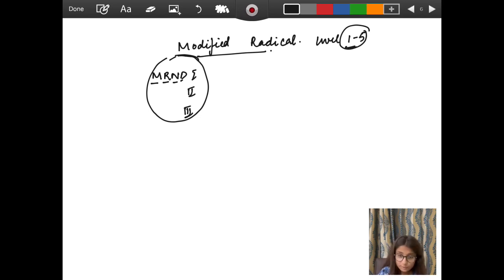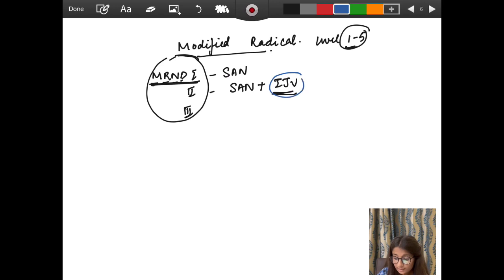In MRND 1 we preserve the spinal accessory nerve. In the second subtype we preserve the spinal accessory nerve along with the internal jugular vein. And in the third, the spinal accessory nerve plus the internal jugular vein and the sternocleidomastoid muscle.